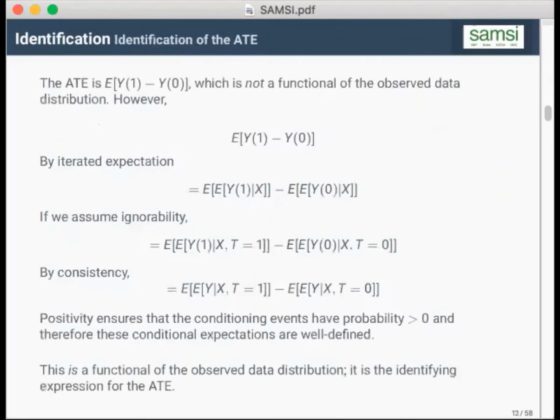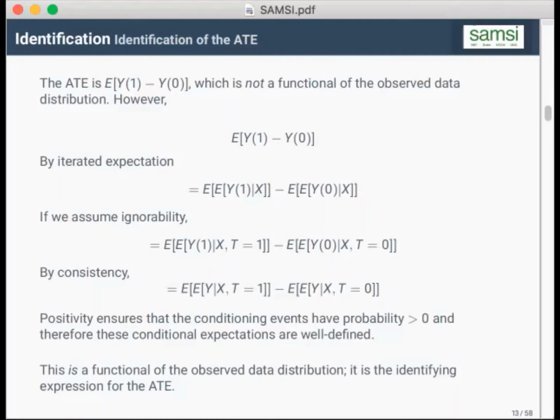Okay, so let's see how these three identifying assumptions, SUTVA, ignorability, and positivity, work to identify the average treatment effect. So the average treatment effect is a functional of the counterfactuals, not of the observed data. But using these assumptions, we can write it as a functional of the observed data only.